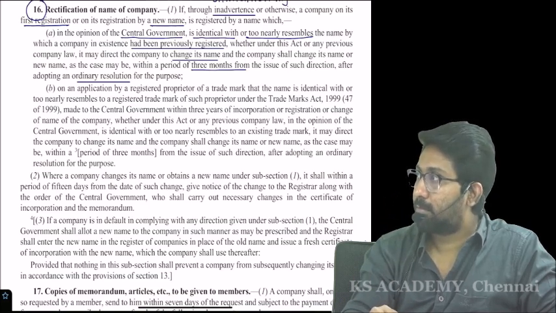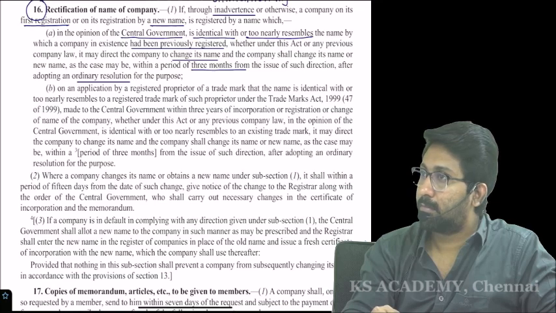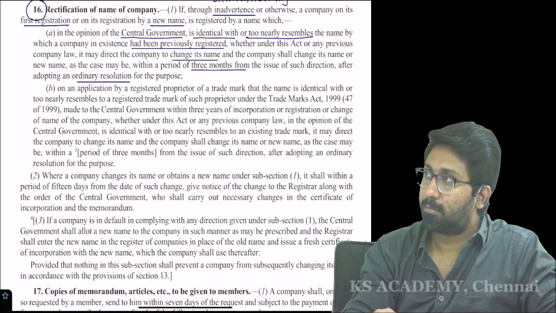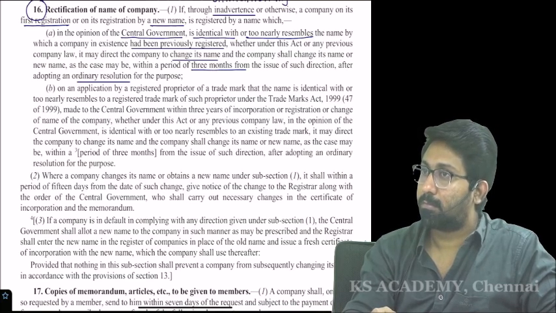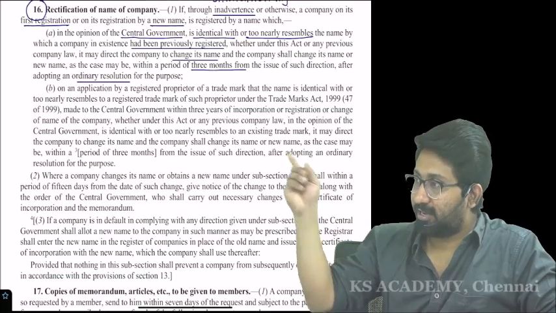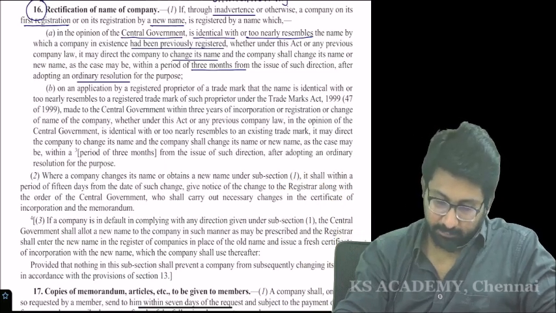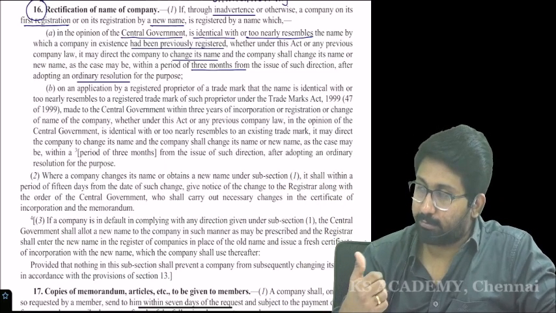And the second case is if a trader has obtained a trademark under the Trademarks Act, he may apply to the central government that the new name resembles his name. So in that case also the central government may ask the company to rectify its name within a period of 6 months. Sorry, that is also 3. That was amended. 3 months, correct, by using an ordinary resolution.